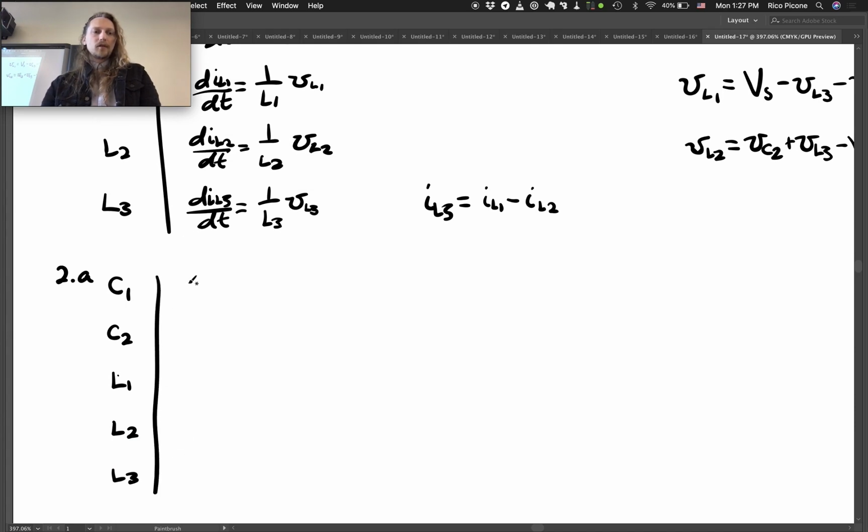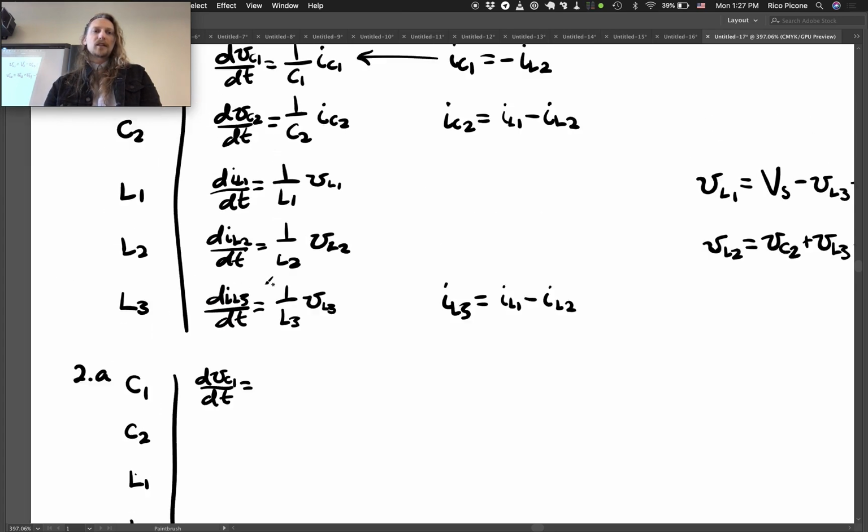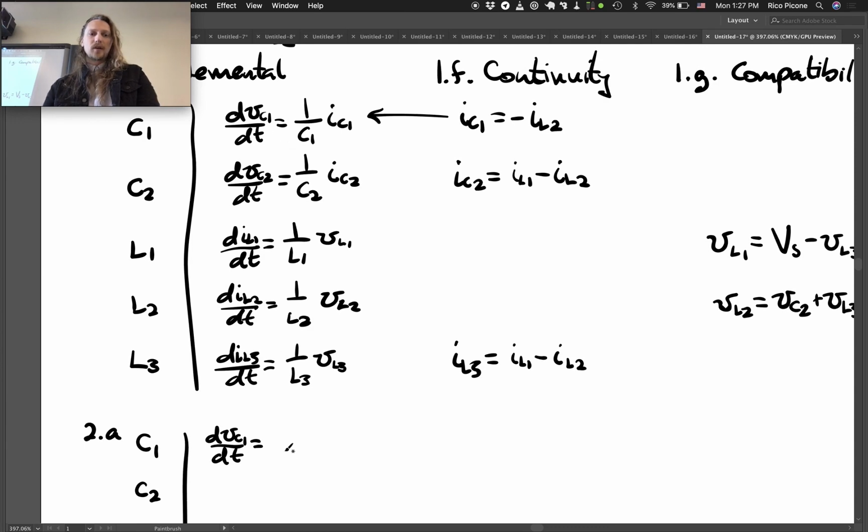And we'll rewrite dVC1 dt, which was the left-hand side of the elemental equation up here, equals 1 over C1. Instead of IC1, we'll plug in the continuity equation here. So it'll be negative IL2. So we use that guy.